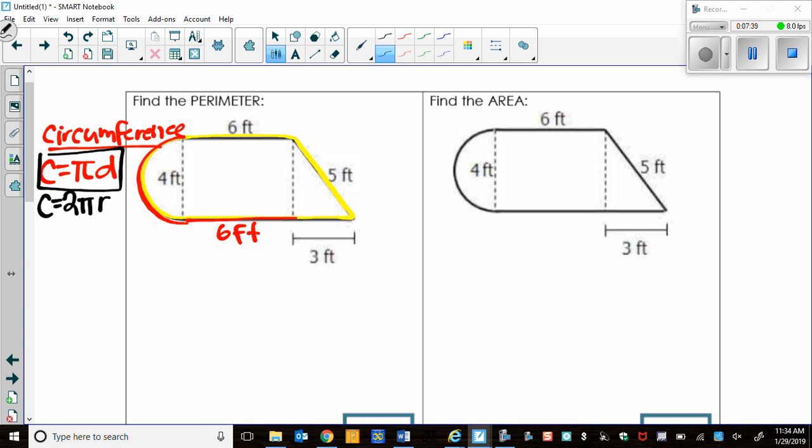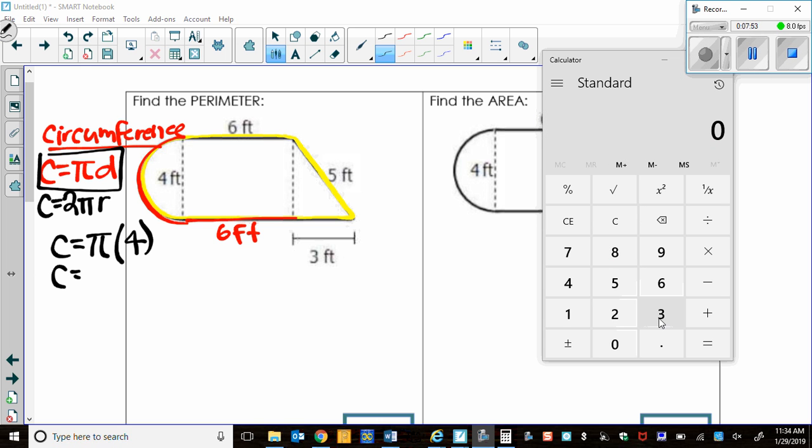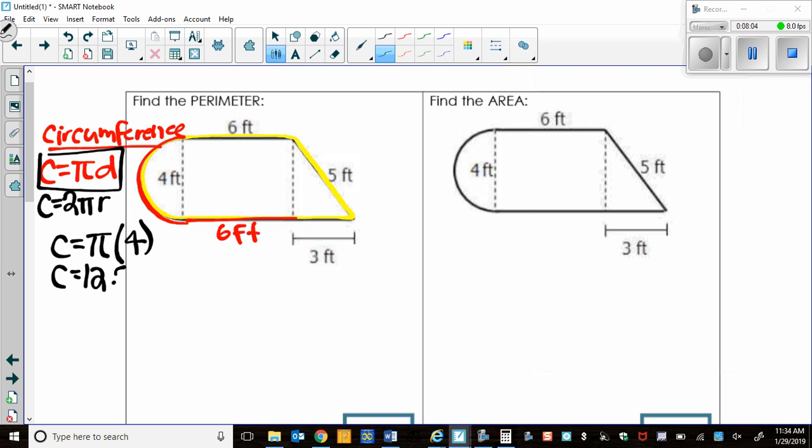So, down here I'm going to show my work. C equals pi times 4. If I put that in my calculator, I'll show you what that looks like. So, I'm going to take 3.14 times 4. And I get approximately 12.56. But this number is basically telling me that's the circumference for an entire circle.